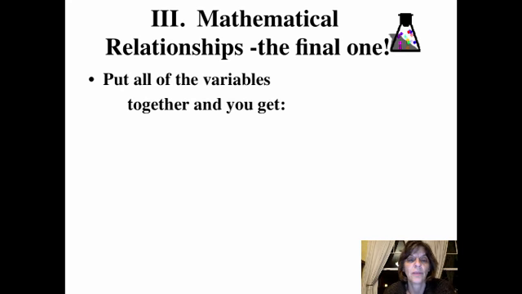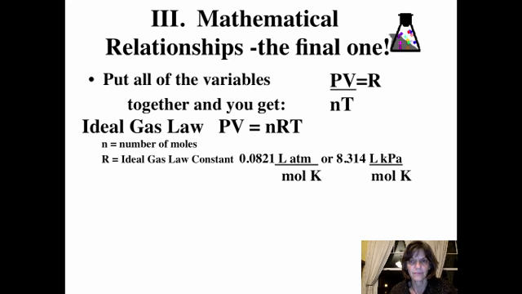What we're going to do is put them all together, and what you find is that pressure times volume, divided by moles and temperature, gives you what you call the ideal gas law constant. That's what R is. It's that K we've been talking about, only it's specific to a certain set of units, but it's good for all gases under all conditions.